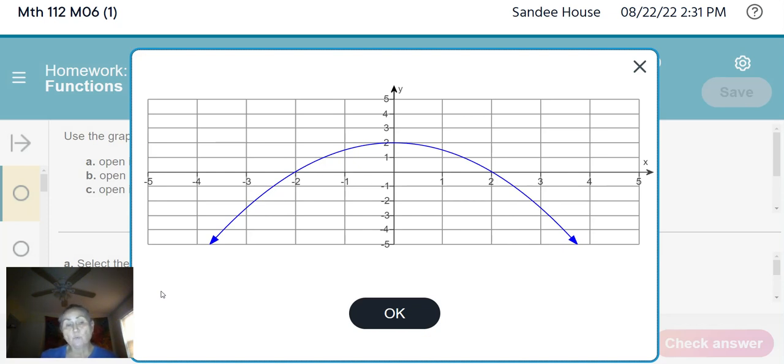Now, if we want to know where the graph is increasing, we look for where it is rising. So if I put my cursor here, I notice that this graph is getting higher and higher and higher until I get to here. Now, I'm going to ignore that too because that's a y value. All I want to know is the x value where it's rising, and see it stops rising here at x of 0.